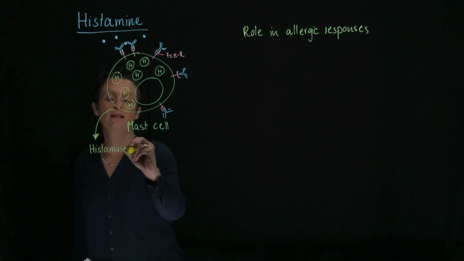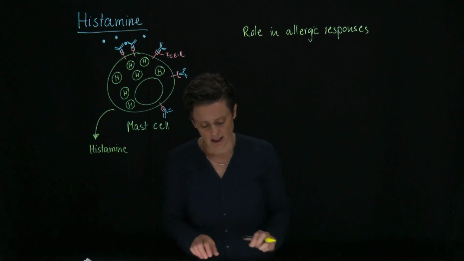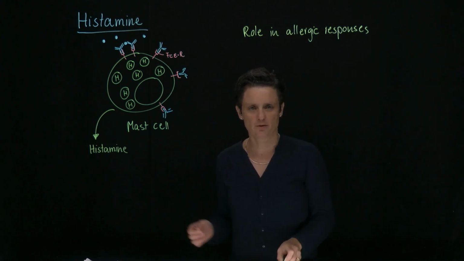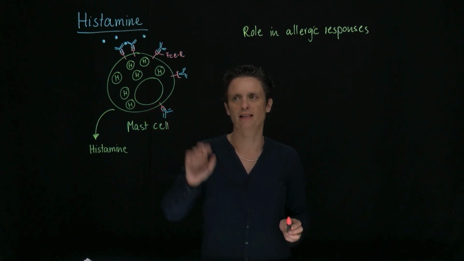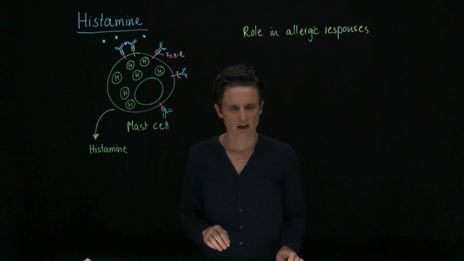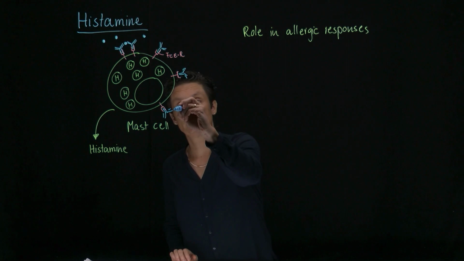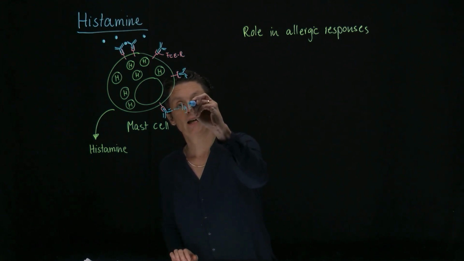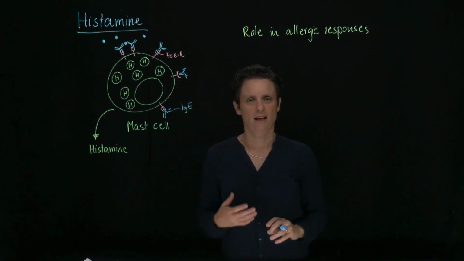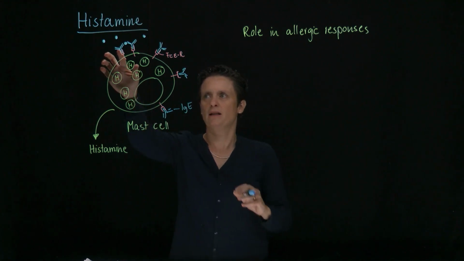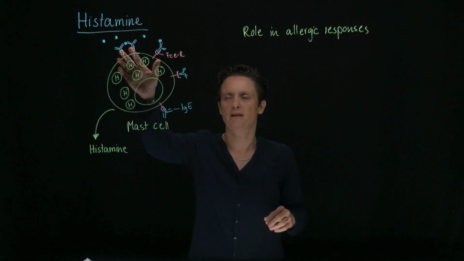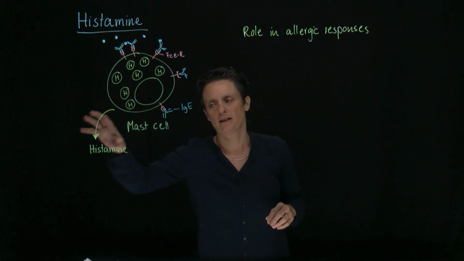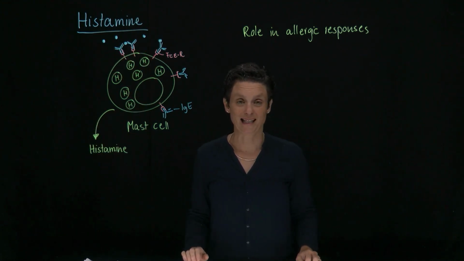So when does it degranulate? Well, this is more immunology, but just briefly, the mast cell has so-called Fc epsilon receptors on its surface. The epsilon comes from the fact that they bind IgE. And so once there is some allergen that binds to this IgE, this agglomerates these IgEs, and then the cell is going to release histamine.